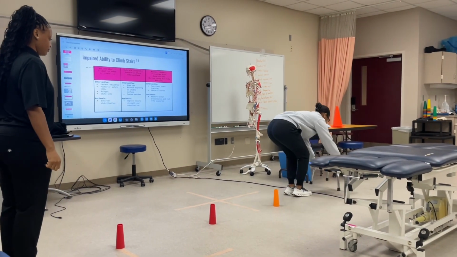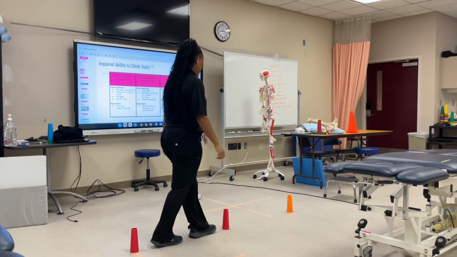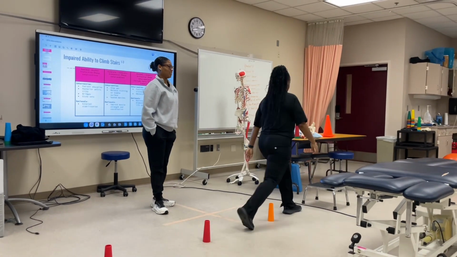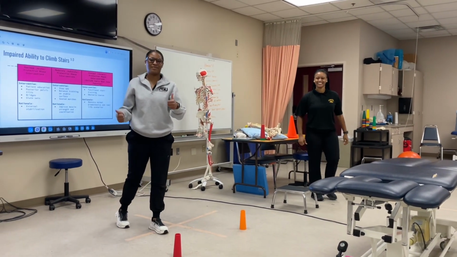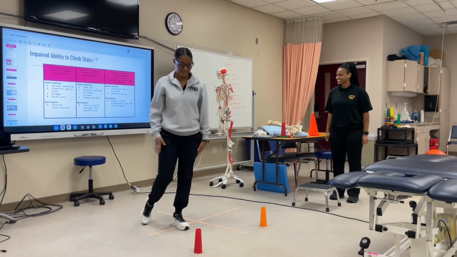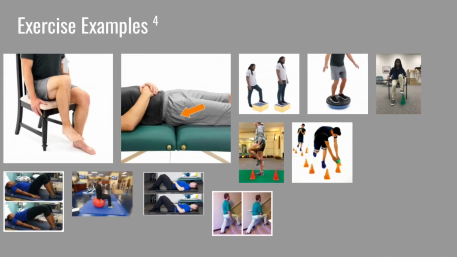So I'm just gonna have you step over each cone, and then when you get to the top, step up on that as your step. And then down. Great job. It will be more complicated in the real life scenario for a clinic, but this is what I have. All right. Our pictures of all of those.